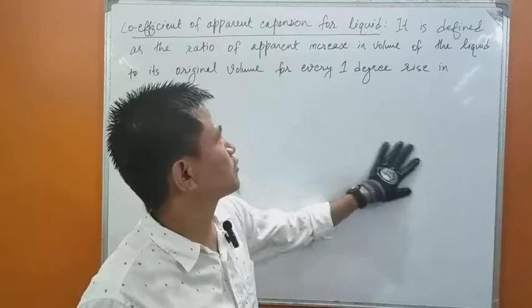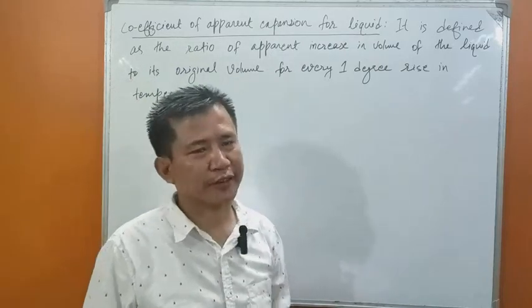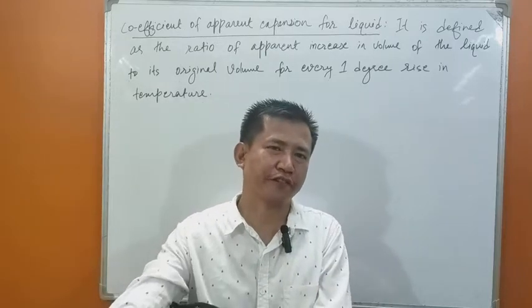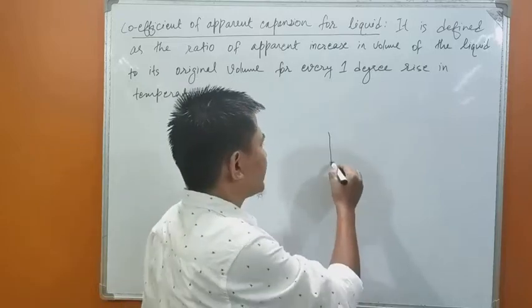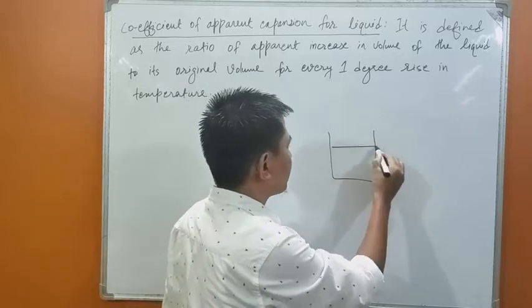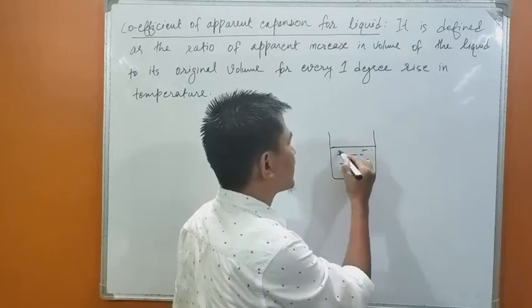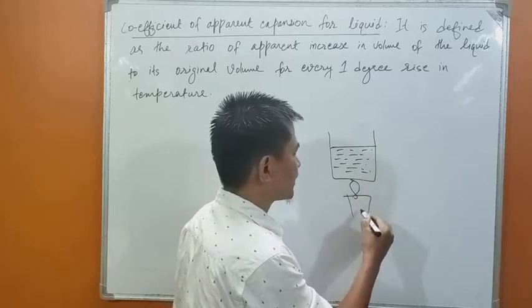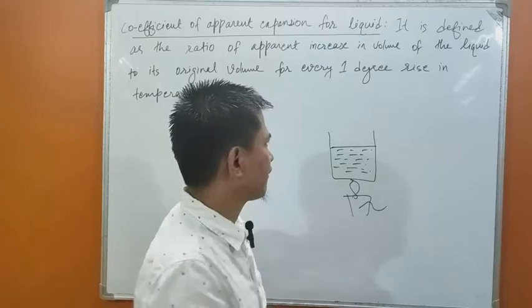Now let us move to the topic coefficient of apparent expansion for liquid. When we heat liquid, we cannot heat liquid alone. Liquid must be in a container when we heat it.